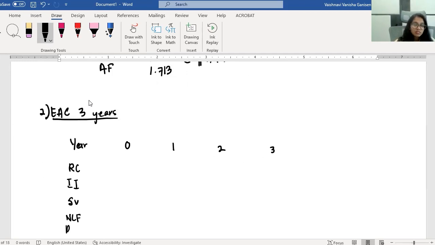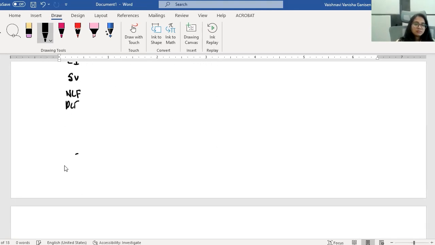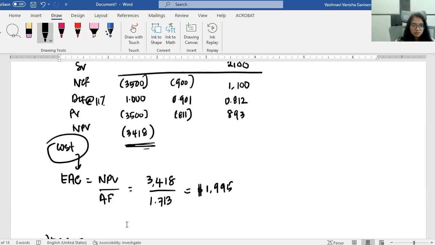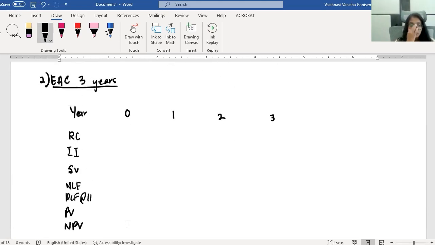Net cash flow, discount factor, PV and PV. Now, so here my running cost is 900. It was 1,200. I cannot remember what was it in year 3.